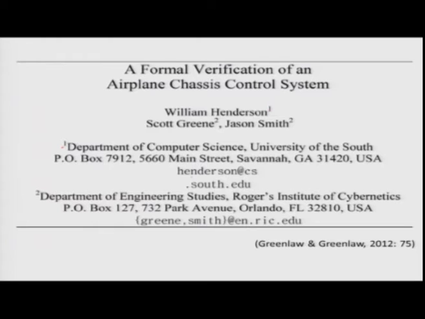Then it also gives the mail ID. Then the other 2, Scott Green, Jason Smith, both have the same superscript number. It means both of them are from the same institute. They are from Department of Engineering Studies, Rojo's Institute of Cybernetics, and then the details. Then there is also a mail ID.